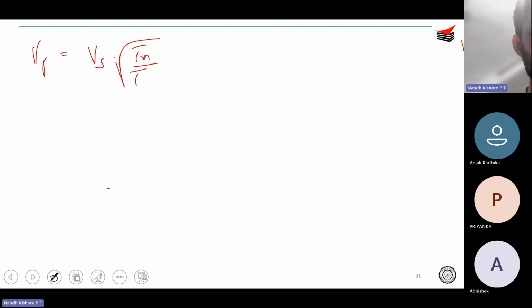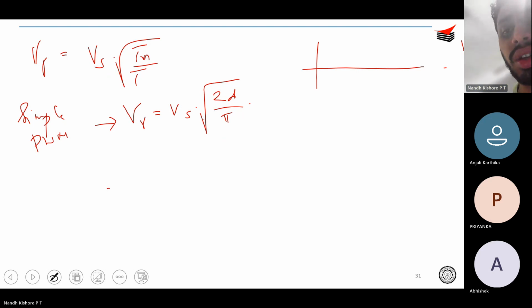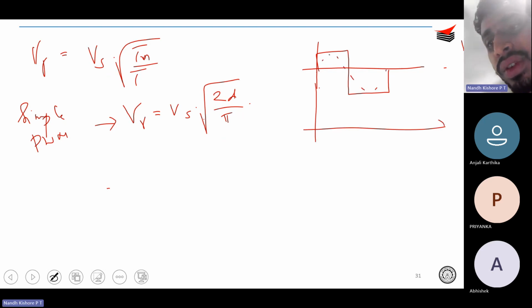For example, if you have the simple PWM or the uniform PWM, VRMS will be Vs into root over 2D by pi. What is 2D by pi? Let's say you have a square wave, or a sinusoidal wave.